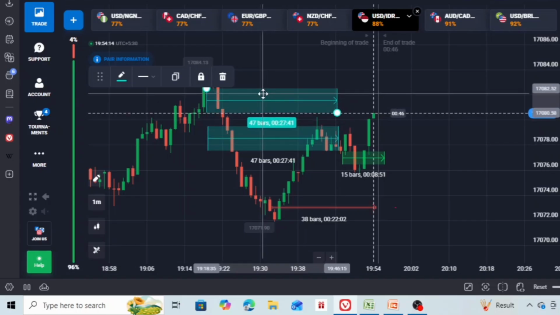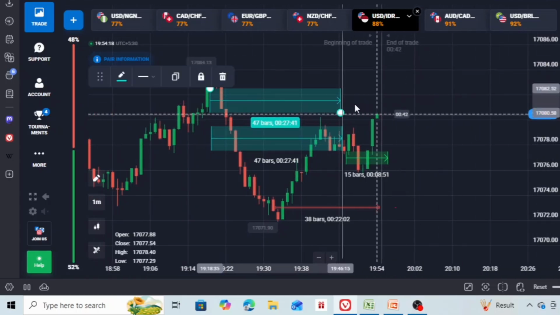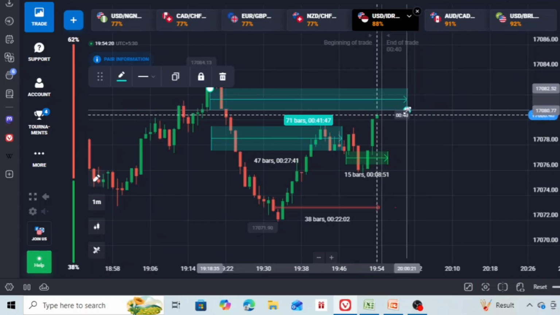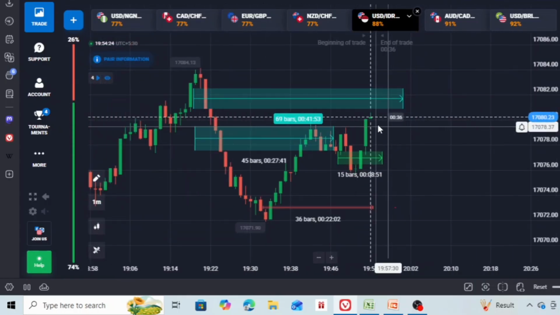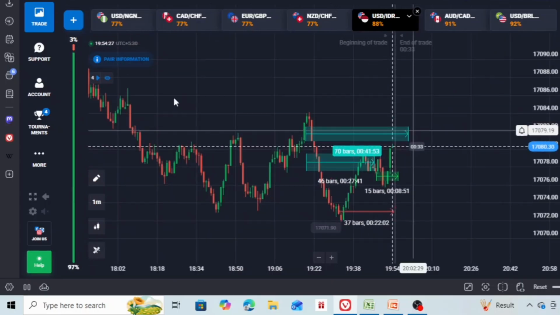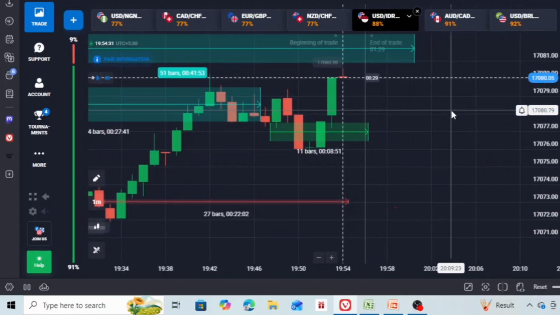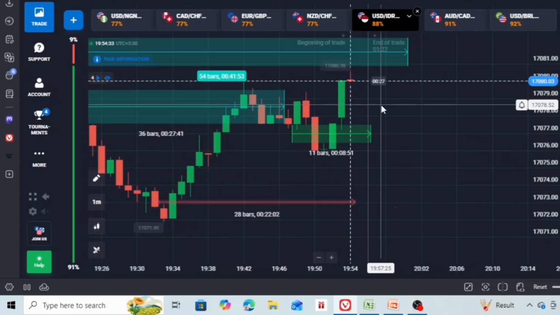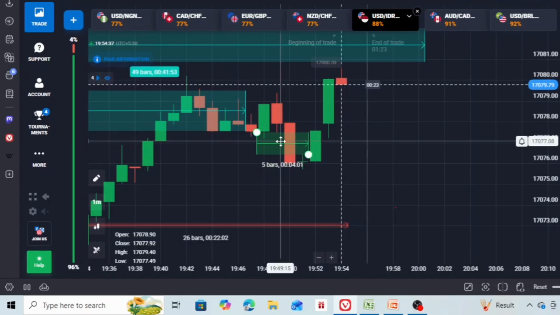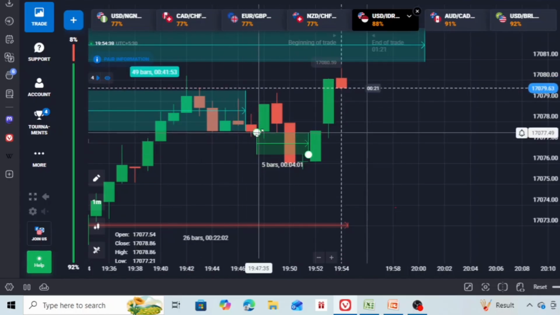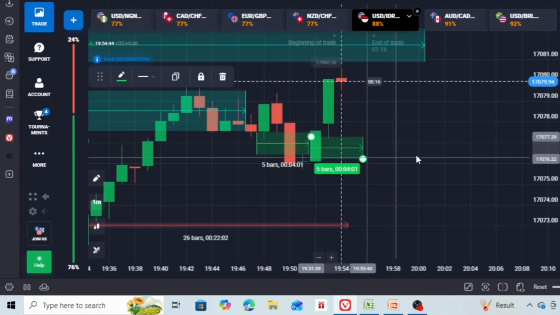We also have an unmitigated gap here, which is the extreme gap. So it looks like the market wants to go and mitigate this extreme gap, even though the trend is in a downtrend, trading the bullish gap here. So this gap did not respect that. If you see here, it has also traded the bullish gap here.